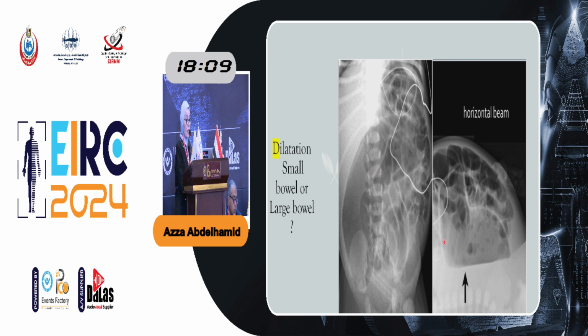And for the distribution, actually in the neonatal period, we can't differentiate between the small and large bowel loops because the baby does not form or develop haustra in the colon yet. So we can use the horizontal beam. The colon is usually located dorsally, while the small bowel are usually located ventrally, and the colon has this long air level.